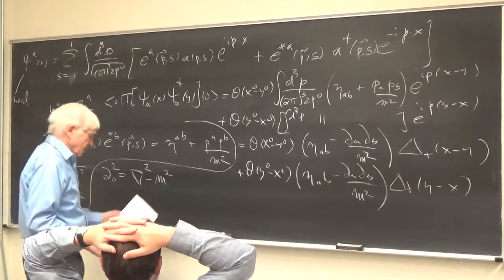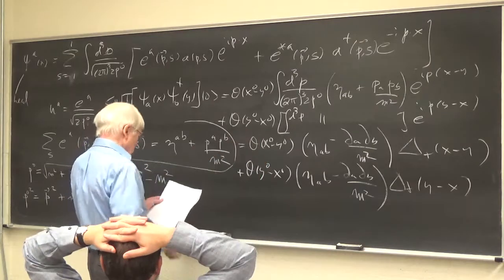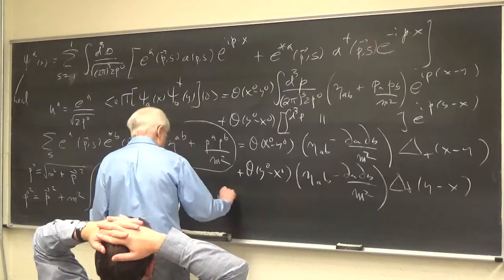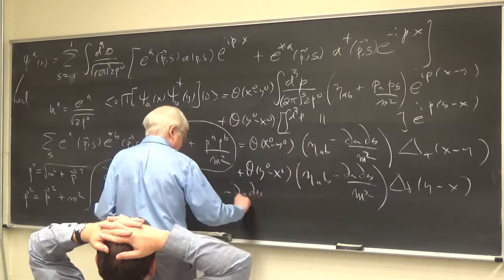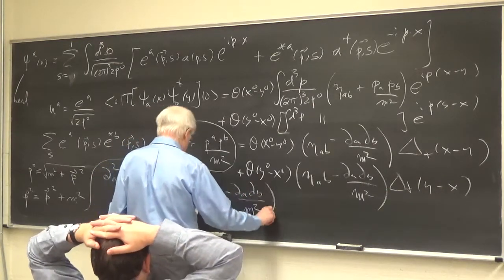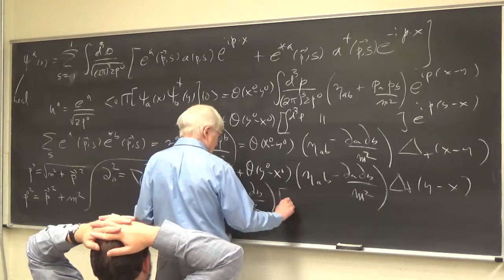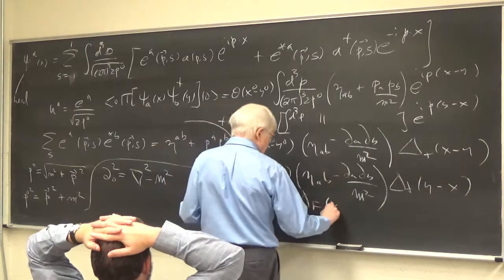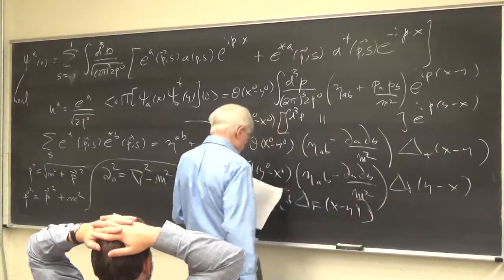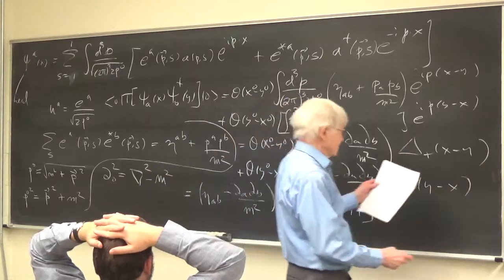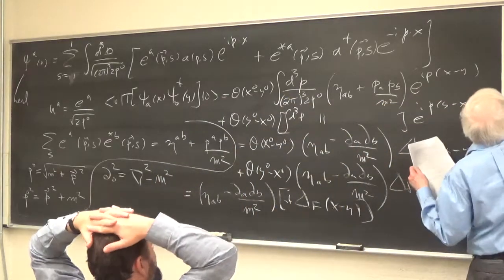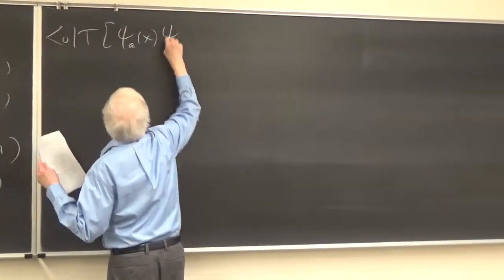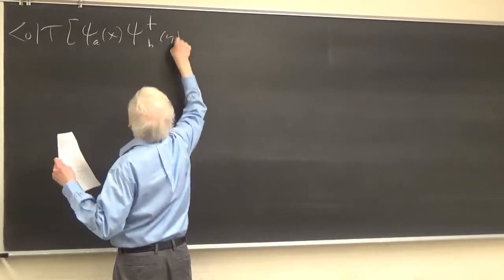So we can then pull everything across, and what we get is A to AB minus dA dB over m squared times minus I delta F of x minus y. And so what we have is the vacuum time-ordered product of psi A of x, psi dagger B of y.